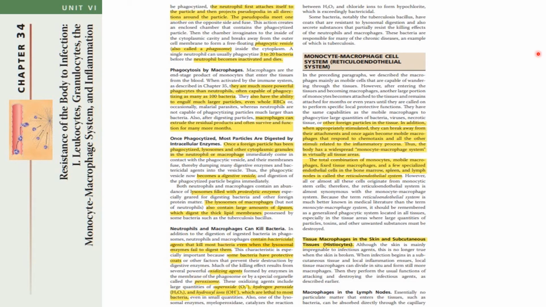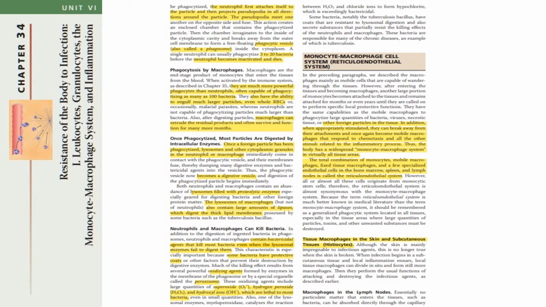Monocyte-macrophage cell system, which is also known as the reticuloendothelial system. Other foreign particles in the tissue, in addition, when appropriately stimulated, can break away from their attachment and once again become mobile macrophages that respond to chemotaxis and all other stimuli related to the inflammatory process.